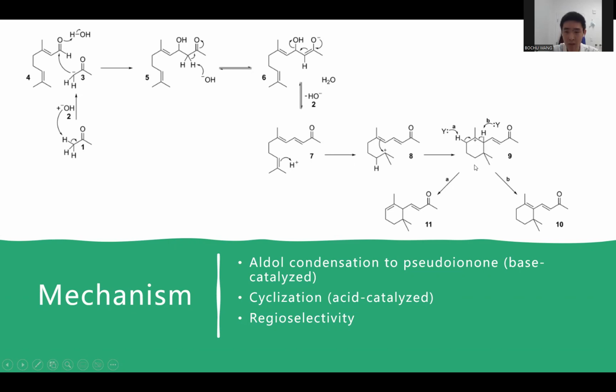And then the last step is the deprotonation of a hydrogen from the carbon, and that deprotonation will lead to our final product. So our beta ionone here is due to the deprotonation of the carbon right here, a tertiary carbon.